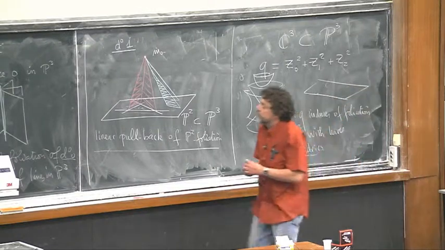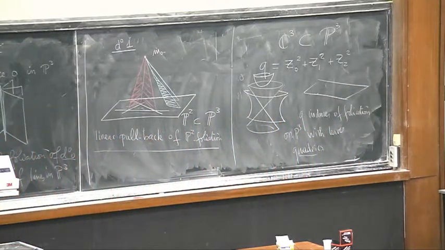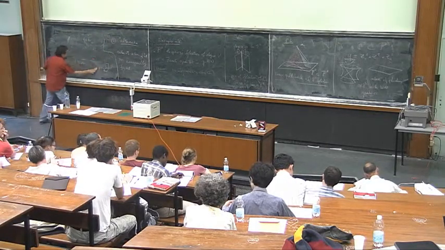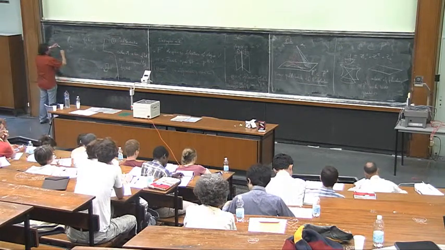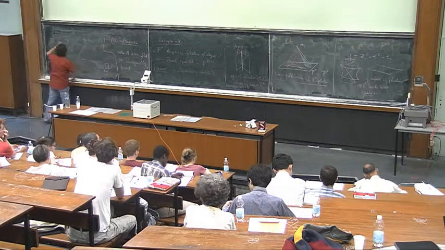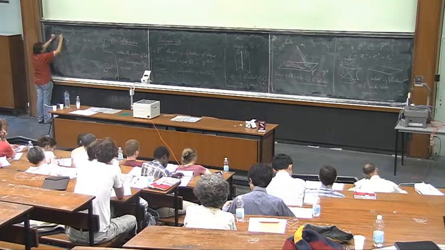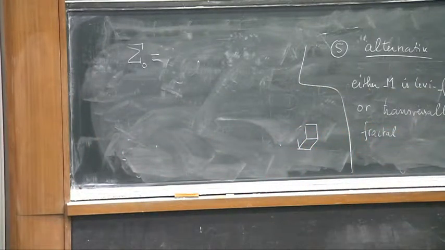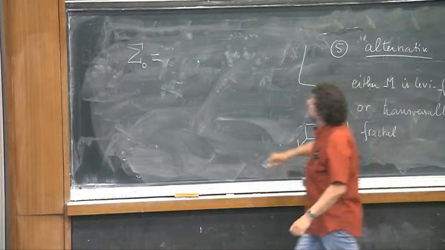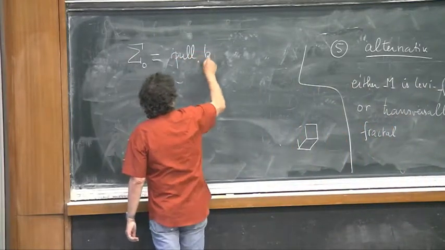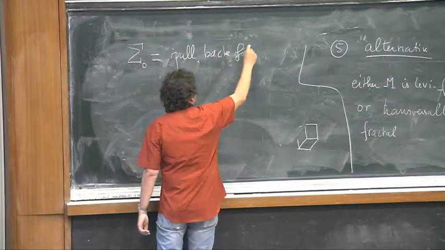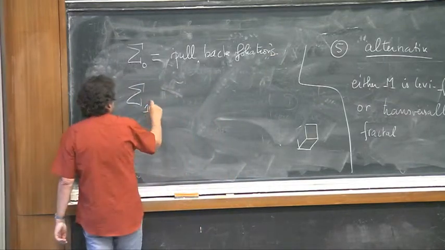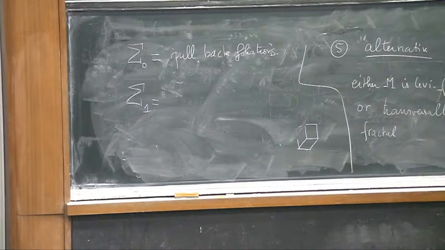Now, if you take the following two spaces, the pullback foliations, and sigma 1 is all this type of foliation.